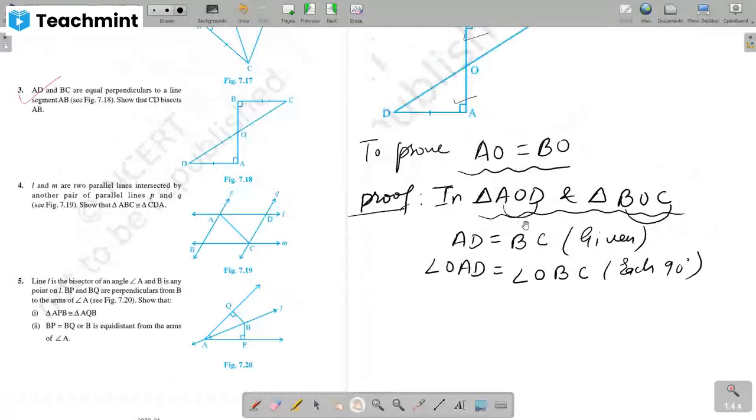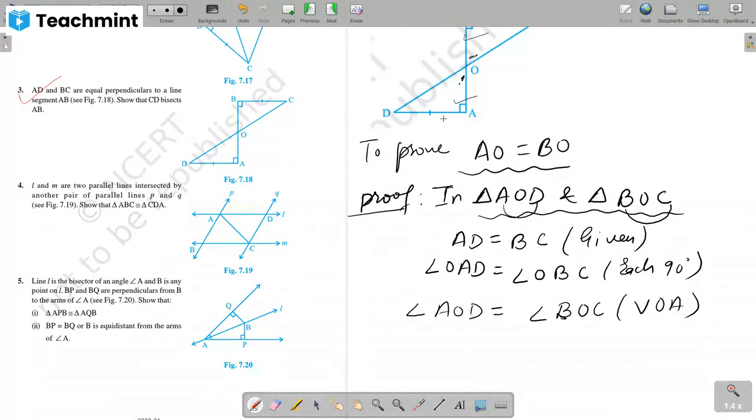Now, anything else? Yes, ma'am. Angle BOC is equal to angle AOD, vertically opposite angles. Yes, the angles at point O are vertically opposite angles. So we will write angle AOD is equal to angle BOC, vertically opposite angles. So by which congruency criteria? Ma'am, angle, angle, side. Yes, AAS.